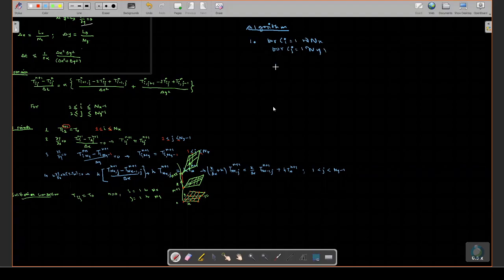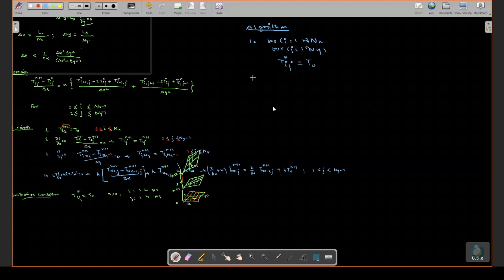For these two loops, T i j n, the nth level values, will be T naught.